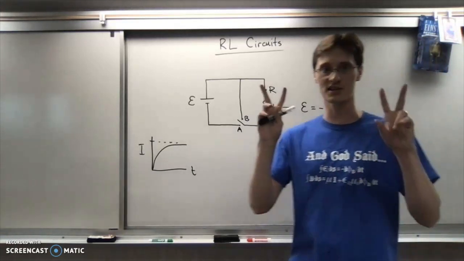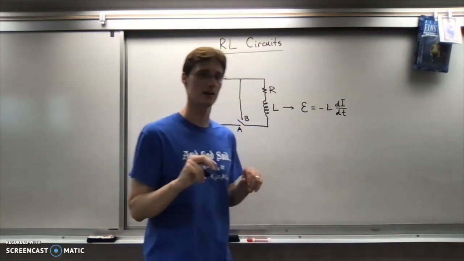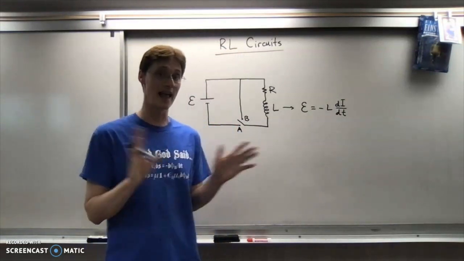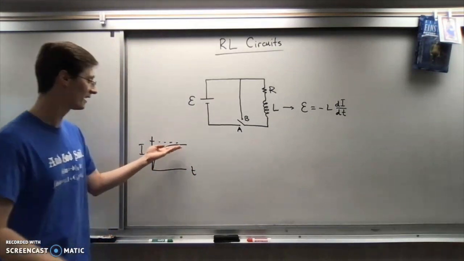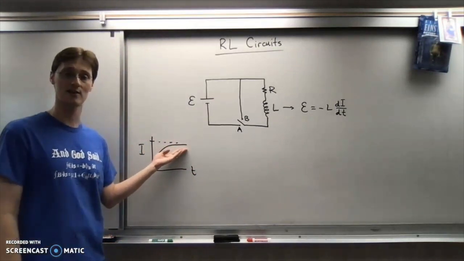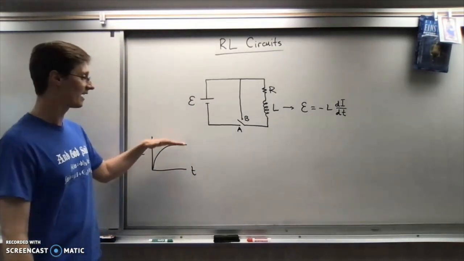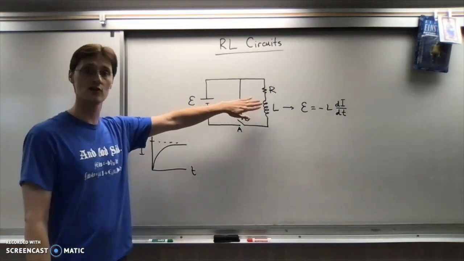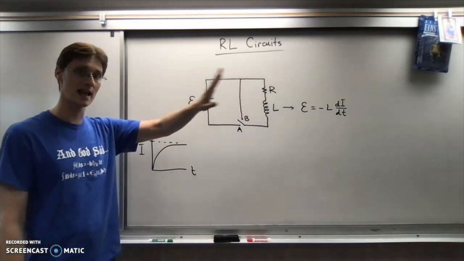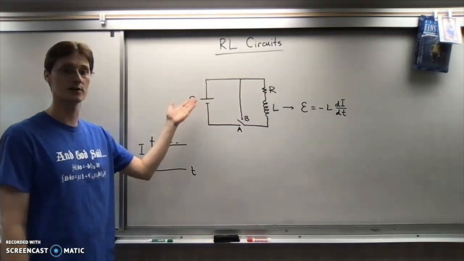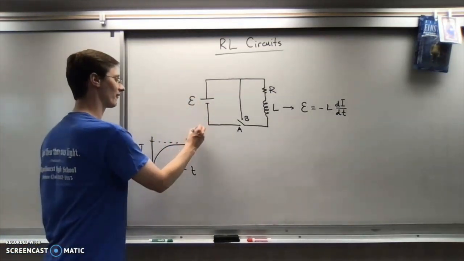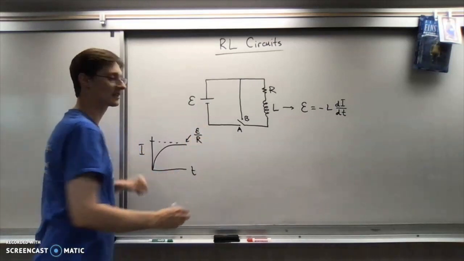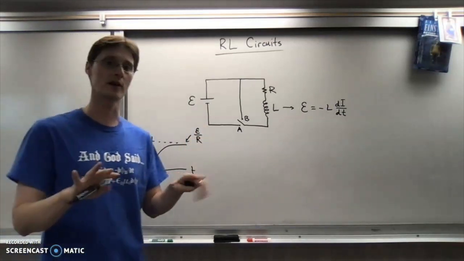Once you reach that steady state current, the inductor doesn't do anything because the rate of change in the current is 0. This line is flat near the end, or nearly flat, and so therefore there's no rate of change. The inductor doesn't produce any volts to oppose the battery, and so we max out at EMF over R because the inductor is doing nothing whatsoever.